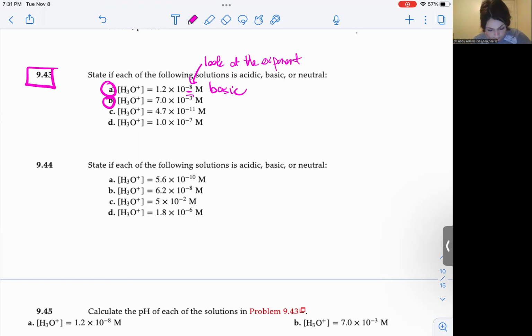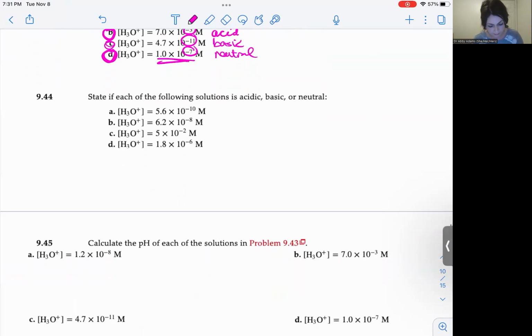So if you have 10 to the -3, then that's acidic, right? Think of your scale and your concentrations. If you have 10 to the -11 as your concentration, that is going to be basic. And if you have 10 to the -7, that's neutral, right?